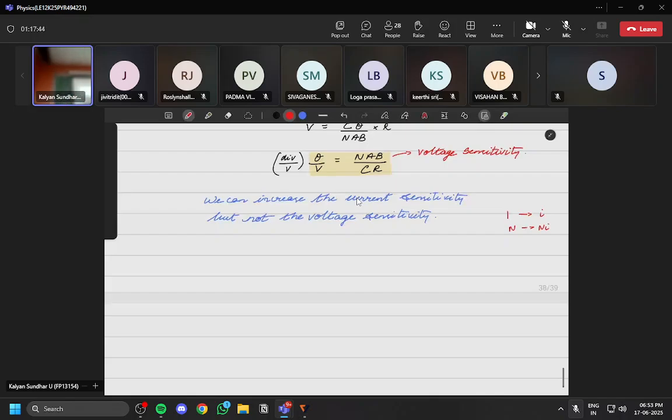As it increases, the voltage sensitivity will be decreasing. So that is the concept behind it. Current sensitivity we can increase due to the number of loops, but voltage sensitivity we cannot increase. As you increase loops, the sensitivity will only reduce overall; it will never increase.